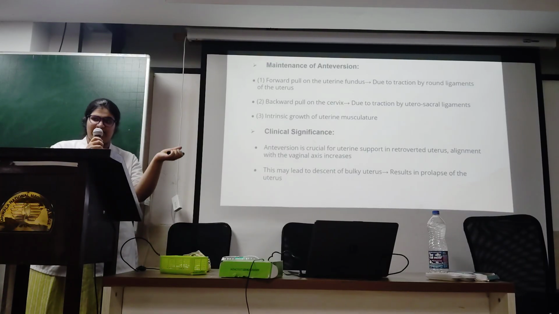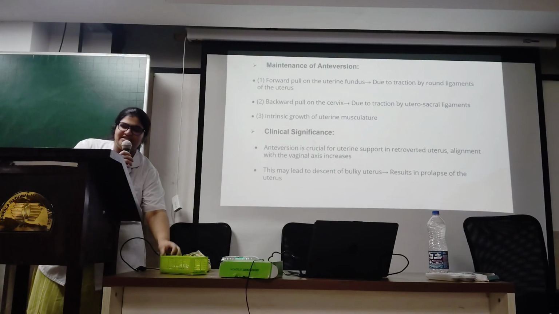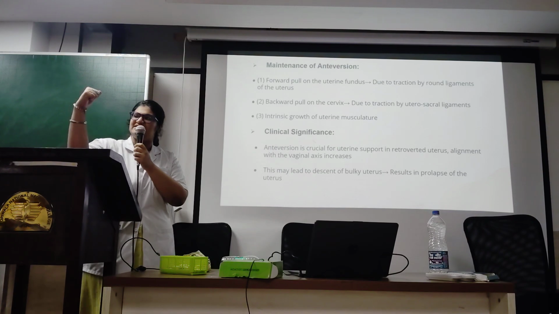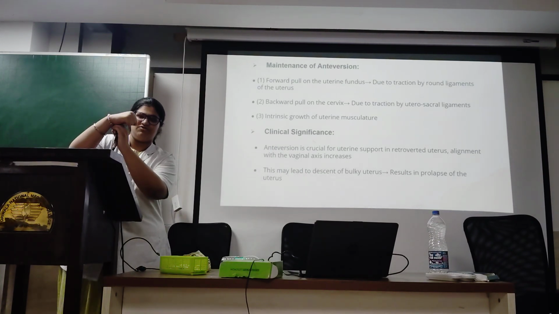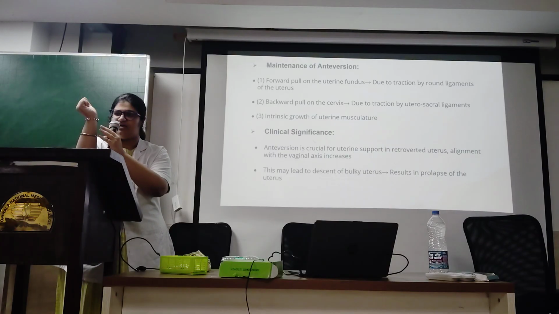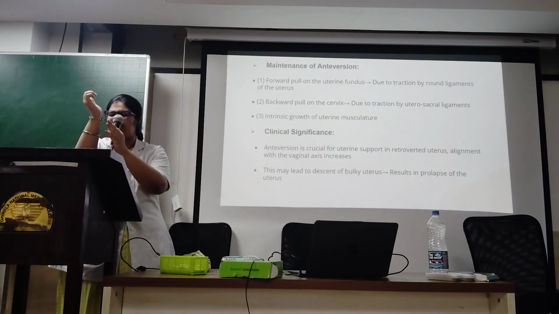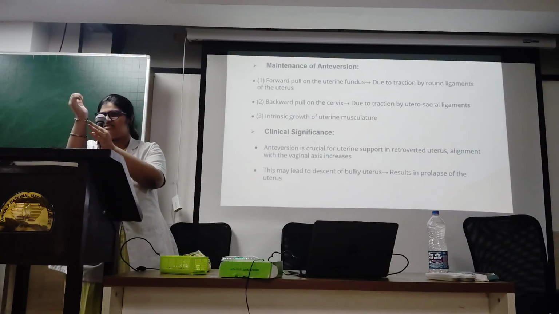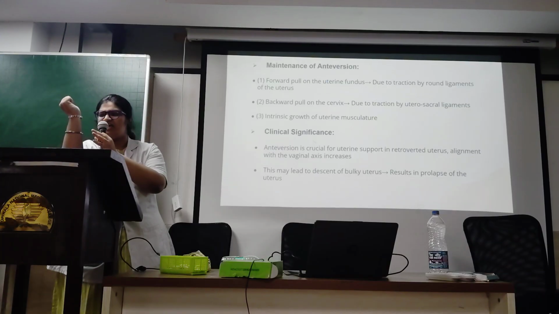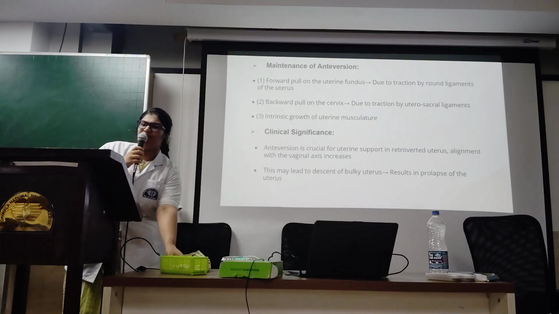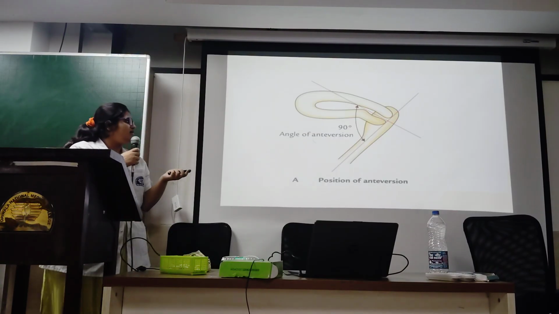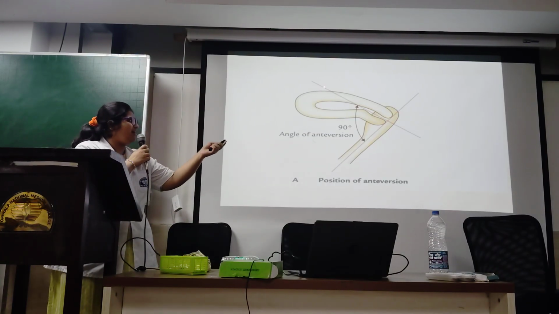If this is the uterus and this is the anteversion of it, this is the stable position over the urinary bladder. If it is retroverted, the mass is now aligning with the vaginal axis, which means there is a bulky mass and it can descend down due to gravity, and this is one of the implicated factors for uterine prolapse.